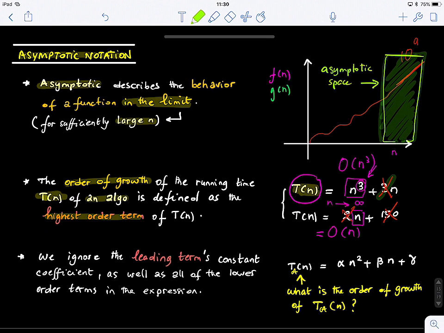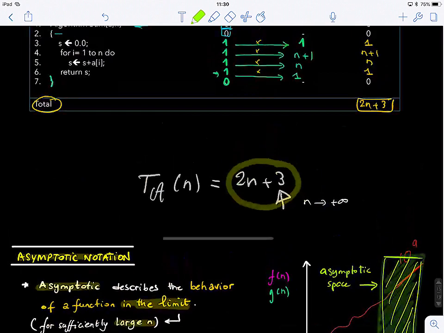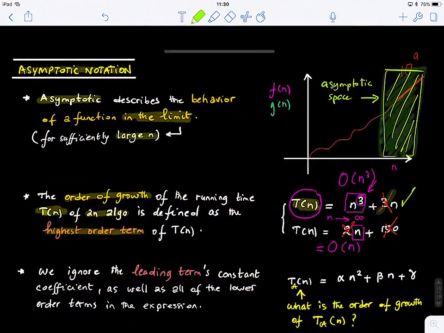Let's say, for example, we're running an algorithm whose number of steps is n cubed plus 3, and the other one is 2n plus 150. Why don't we just look at it that way? Why are we interested in examining the behavior of this function, its growth, when n becomes very large?